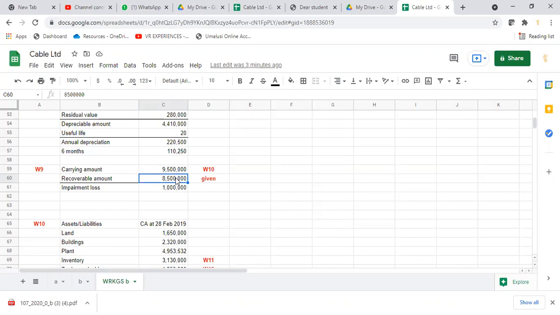Please make sure you read through the accounting standards on value in use. In fact, you can actually just read the notes on the website. If you go to the Eduon's website, under Resource Hub, you will see there's impairment notes. And if I remember correctly, I think I covered all the important aspects of how to calculate the value in use.